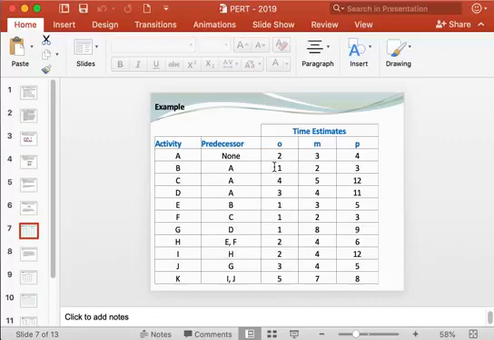So using the optimistic, most likely and pessimistic times for each of these activities, we have to find out small t e, the expected activity duration, and small v, the variance of each activity.